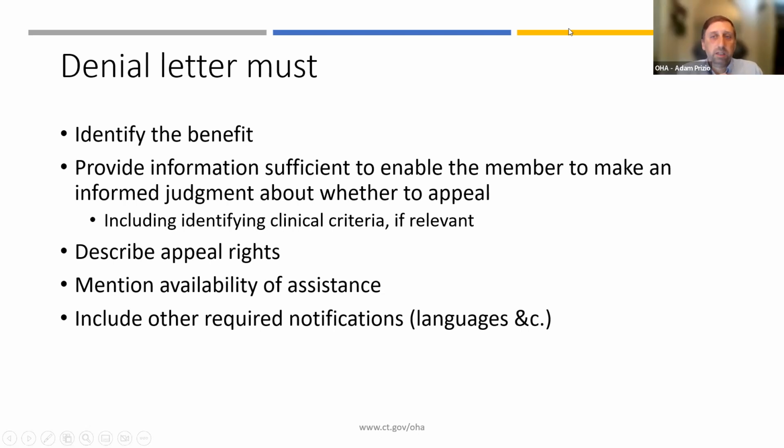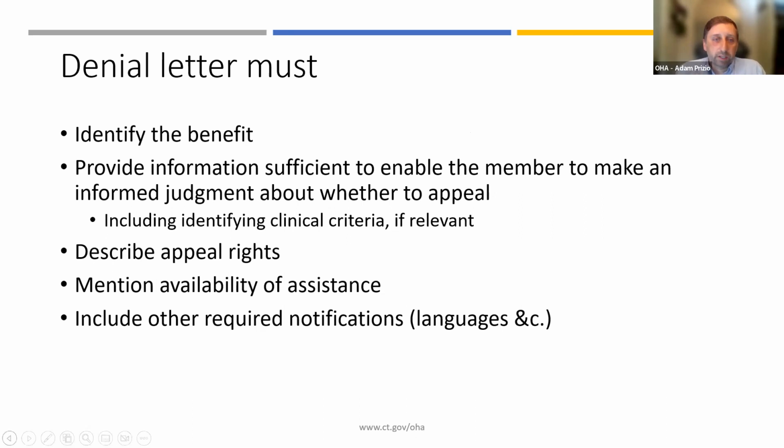And I personally feel like this is where a lot of denial letters that people get, and that I see, the plans kind of fall down on this. They don't make it clear to people, this is what we're saying that we're doing. So if anybody from insurance watches this, the clarity and readability of the explanations could be improved.